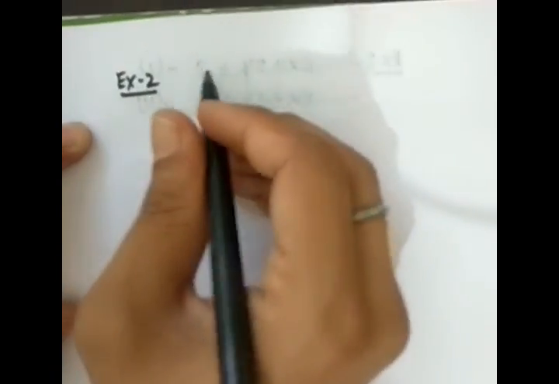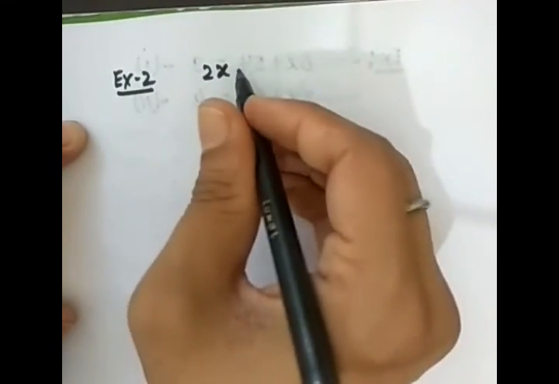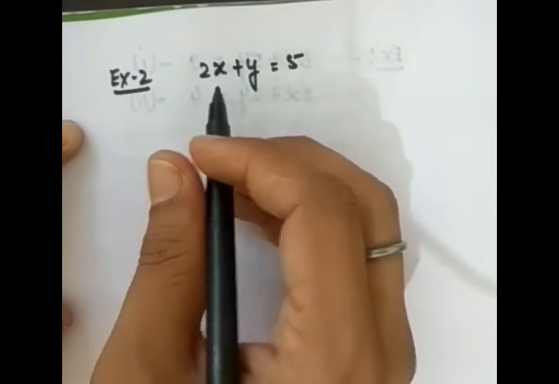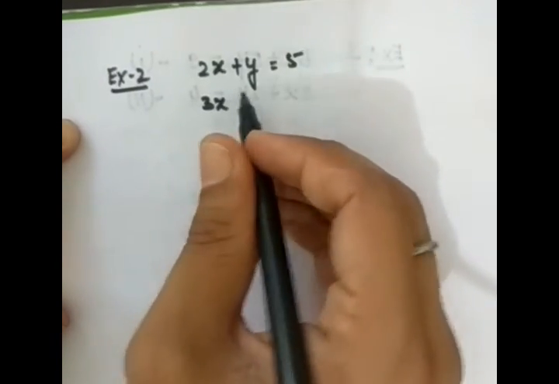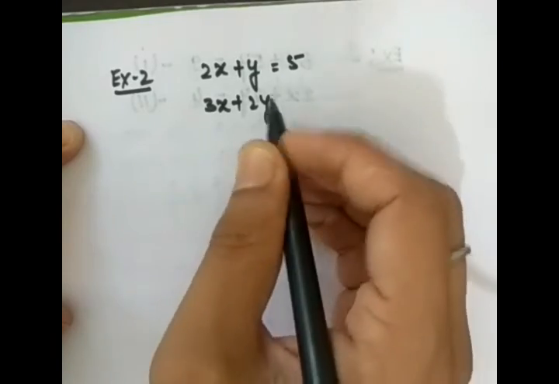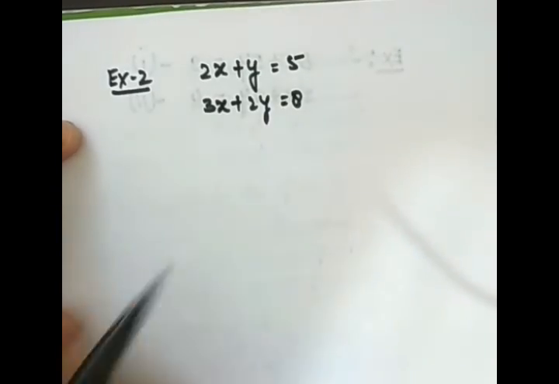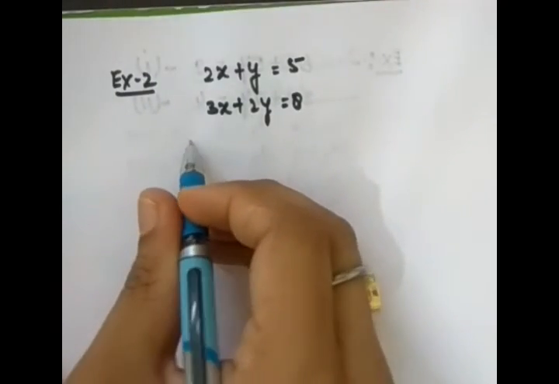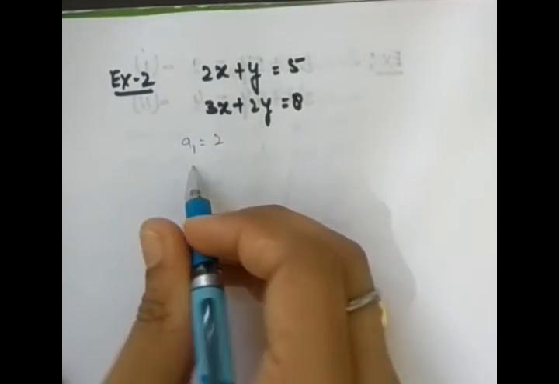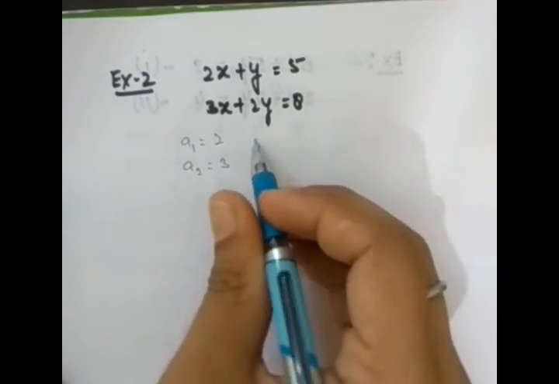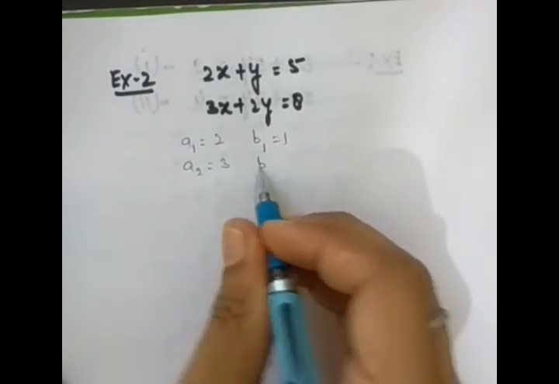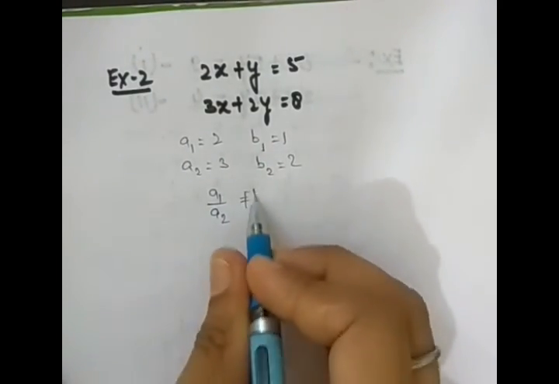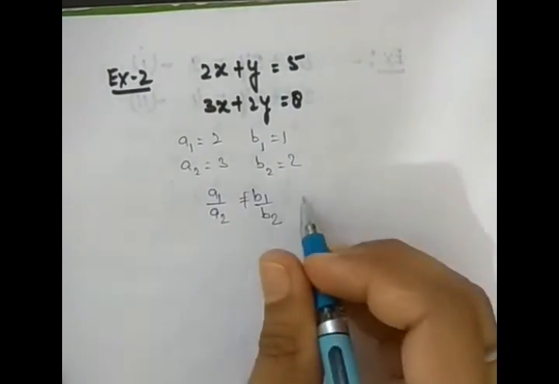One equation is 2x plus y is equal to 5 and the other equation is 3x plus 2y is equal to 8. So in the first step, a1 is 2, a2 is 3, b1 is 1, b2 is 2. So a1 upon a2 is not equal to b1 upon b2.